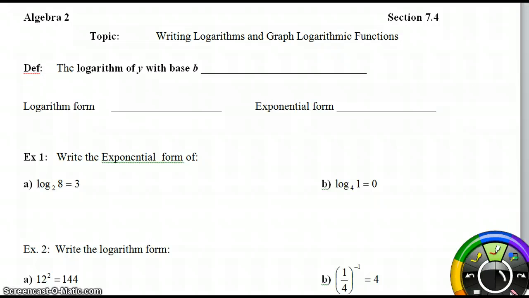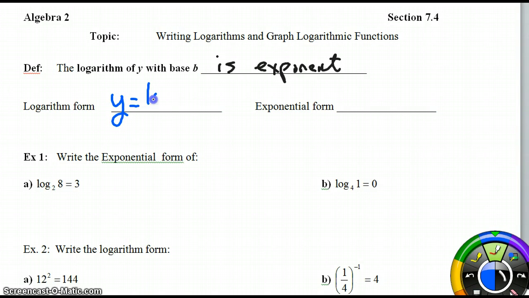So the logarithm of y with the base b is what we're going to look at as an exponent. Okay, so what does that mean actually? Well, let me give you a logarithmic form. We have y equals log, logarithm is abbreviated log.